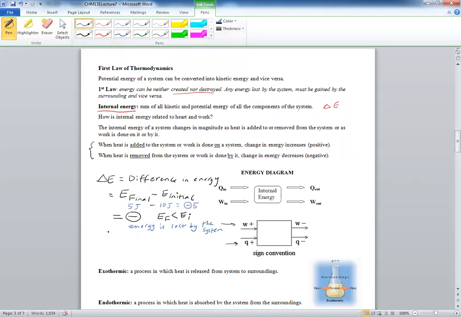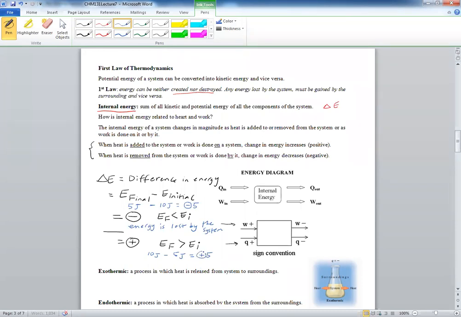Now think about it. If you have a delta E of positive, then the opposite is true. You have E final now greater than E initial. Just reverse the numbers. 10 joules minus 5 joules gives you plus 5.